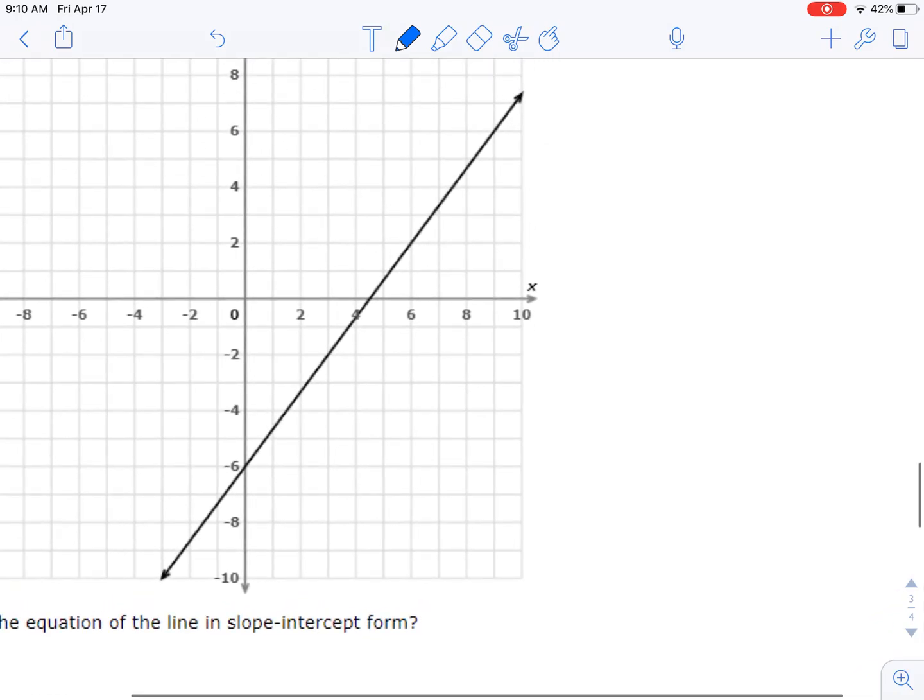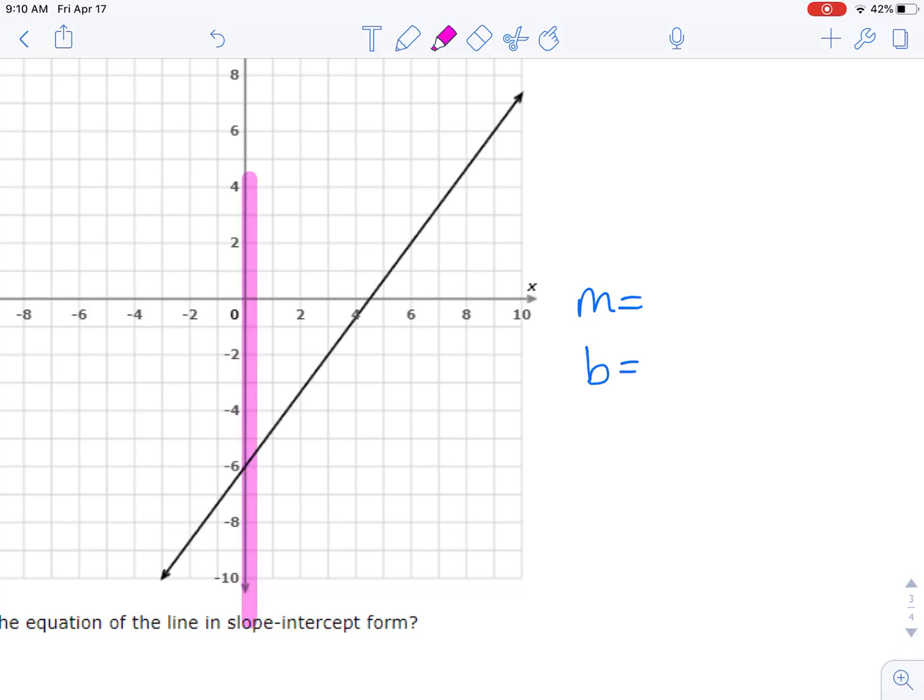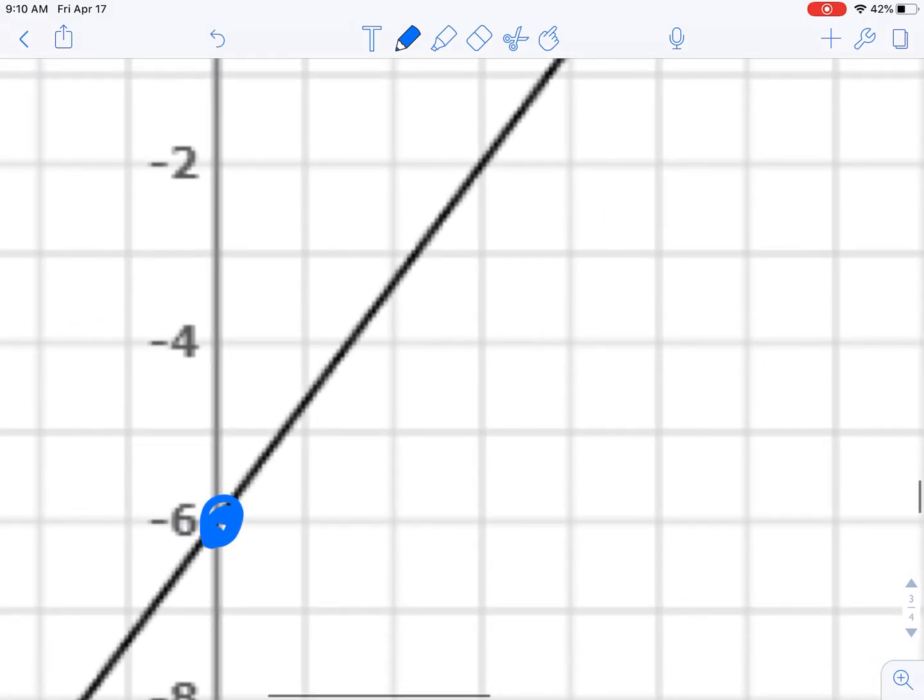Our next example, same steps. I want you guys to always write this information off to the side. Looking at where it intersects the y-axis, it looks like it's down here at -6. And our slope, look real closely here. It looks like it doesn't intersect up to here. So rise over run.